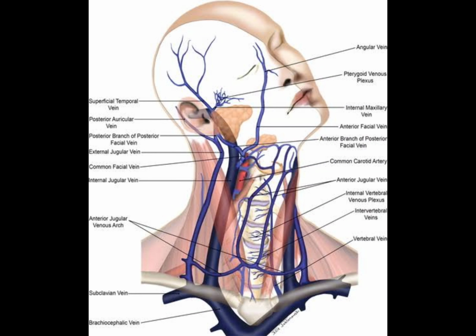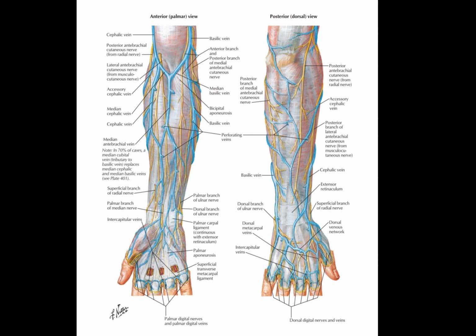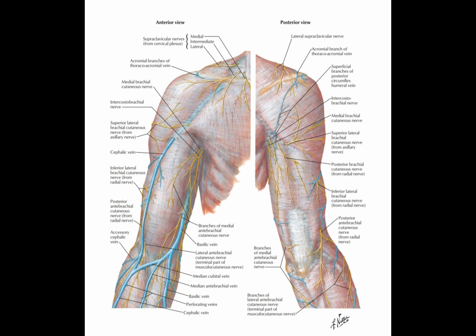Now go to the upper limb. The dorsal and palmar venous networks make two large veins, the cephalic vein and the basilic vein. The basilic vein is on the medial side and the cephalic vein on the lateral side. These veins ascend upward and in the cubital fossa they connect with each other by the antecubital vein.